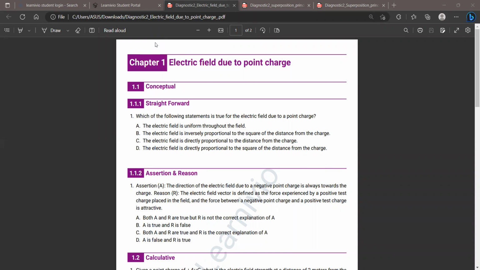Iram, is it visible to you properly? Yeah. Okay, when you have done, please let me know, I will scroll down.